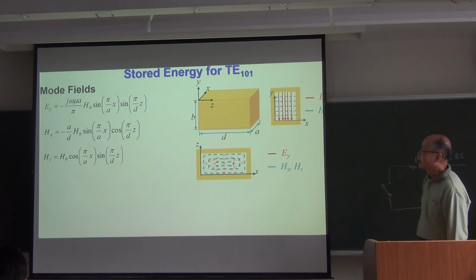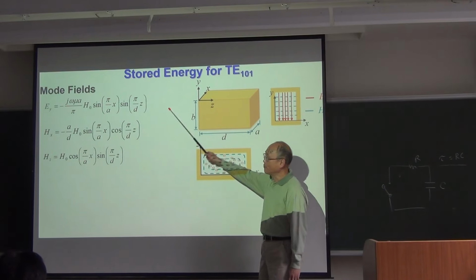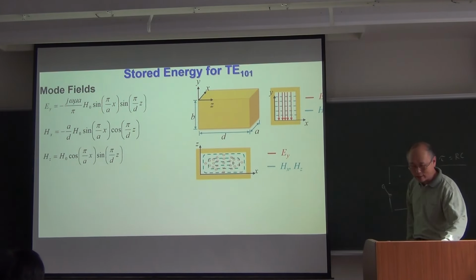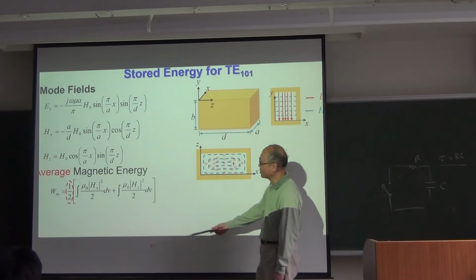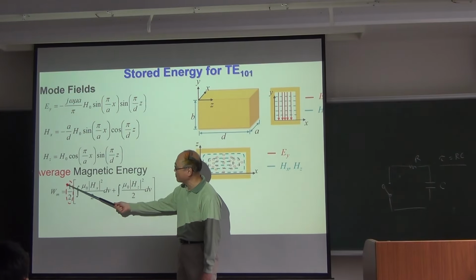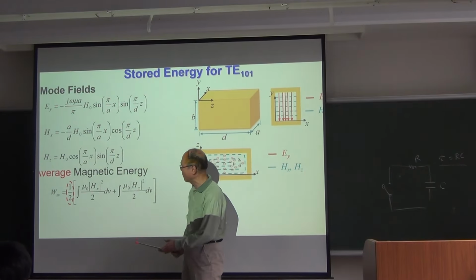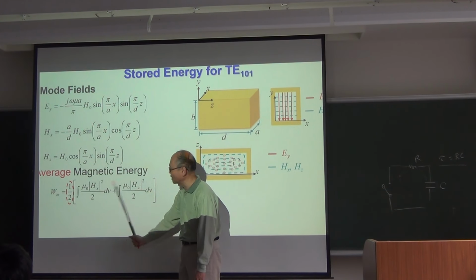Okay. Alright, so you can write down all the field expressions like this, and then with the field expressions, you can calculate the average stored energy through this energy density calculation. Okay, don't forget that when we talk about average, there's a factor 1/2 here. This is the total magnetic energy.